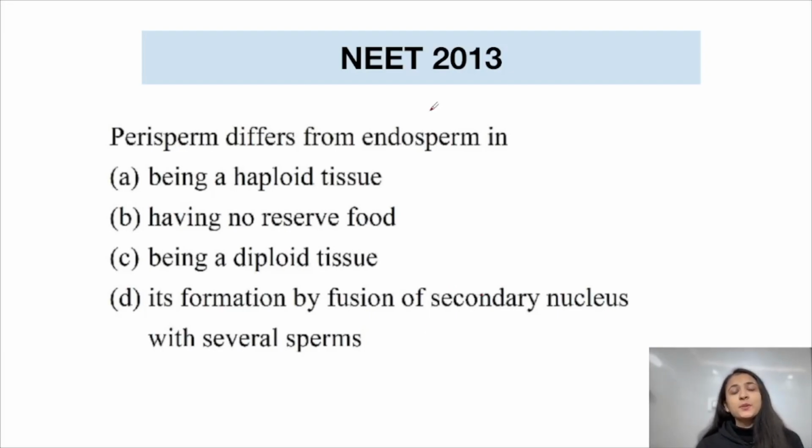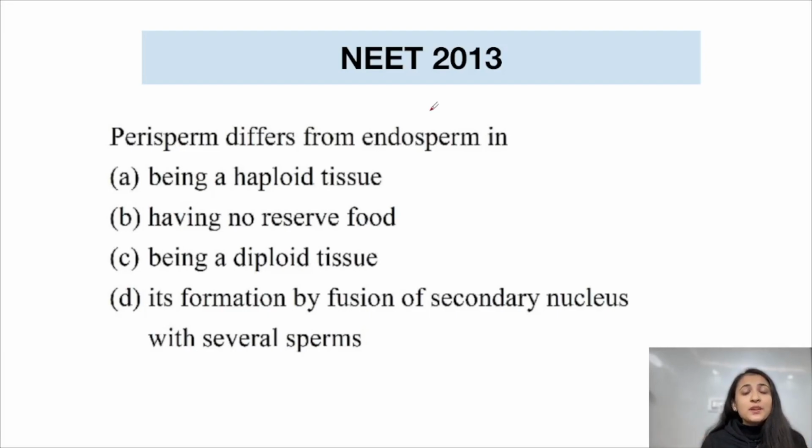So what is a perisperm? We all know that the innermost region of an ovule is the nucellus. The nucellus tissue is absorbed and absent in a mature seed after double fertilization. But in some cases, the remnants of the nucellus remain, and these remnants form a tissue which is known as the perisperm.